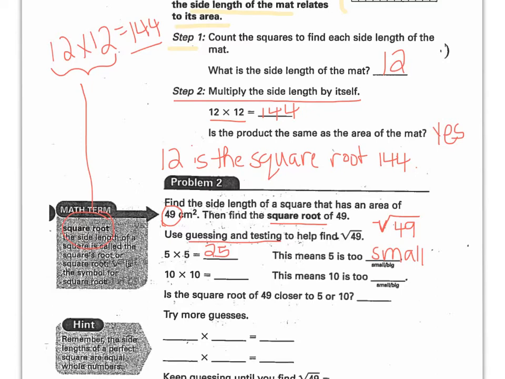Let's try a different number. 10 times 10 is 100. 100 is larger than 49, so 10 is too big. Is the square root of 49 closer to 5 or 10? It is closer to 5. We are going to try a few more guesses.